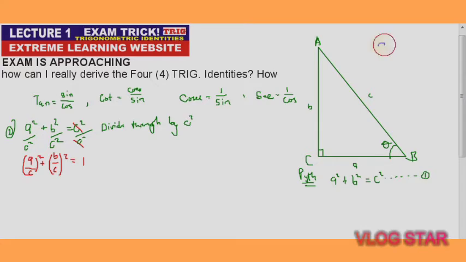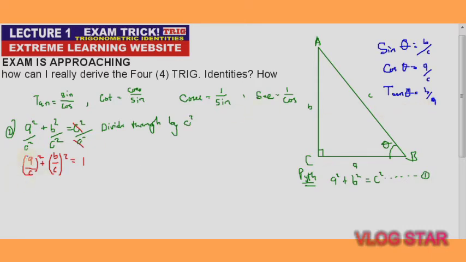Sine theta from this triangle is opposite over hypotenuse, that is b over c. Cos theta is adjacent over hypotenuse, that is a over c. And tan theta is opposite over adjacent, that is b over a.